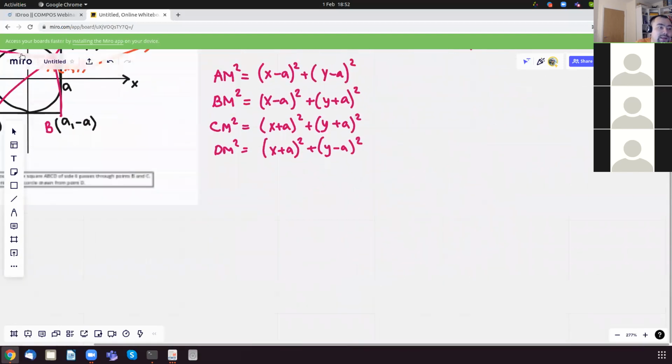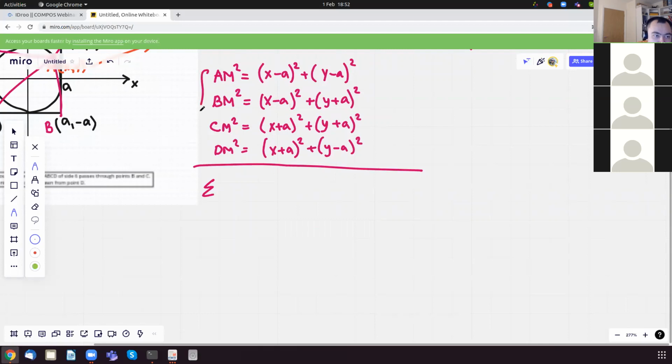Okay, so from here it's just algebra. Nothing spectacular here. So the sum of squares of these distances, I'll just call it sigma. Sigma is equal to.